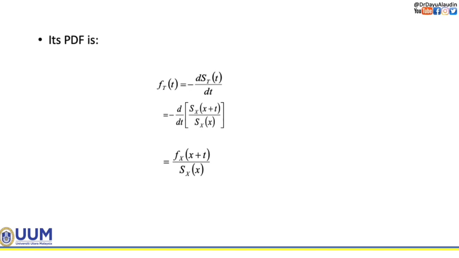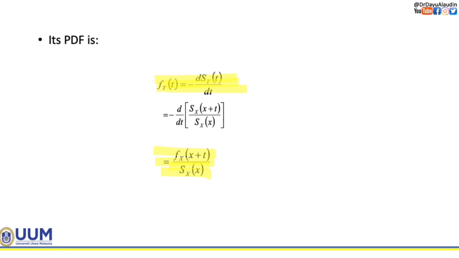The second one is the PDF. So how do we find the PDF? We differentiate the survival function and put a negative sign in front. And we get f(x+t) over S(x).